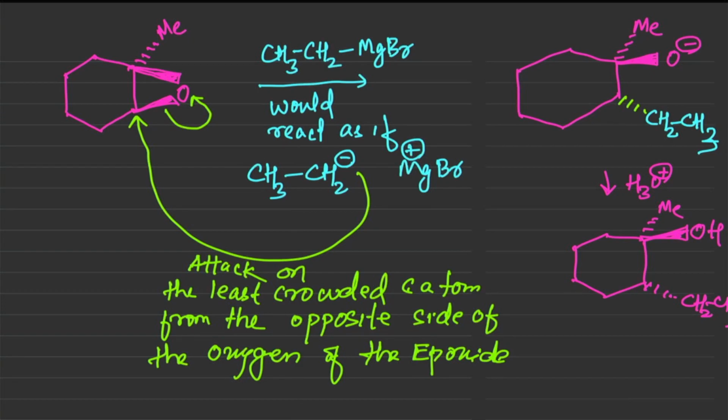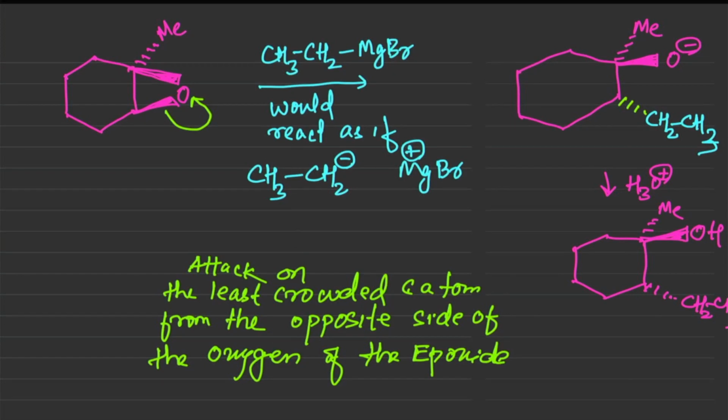Now, if you notice, I did not draw a couple of things here. There is a hydrogen right here, which is on the dash. When this nucleophile is coming from the opposite of the wedge, which is dash, coming from the opposite side of the oxygen, this hydrogen will push up as well.